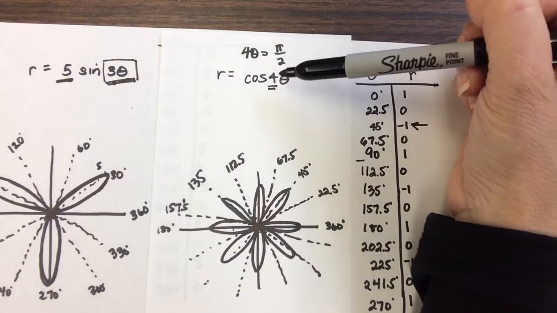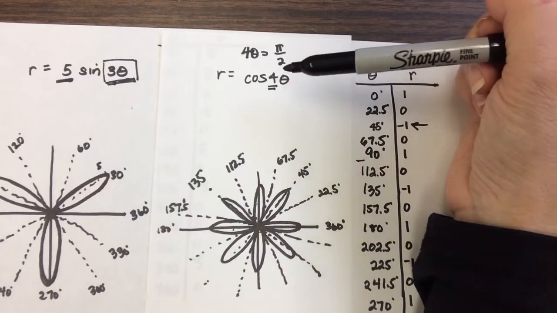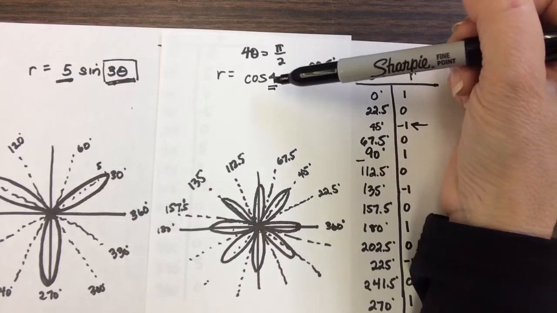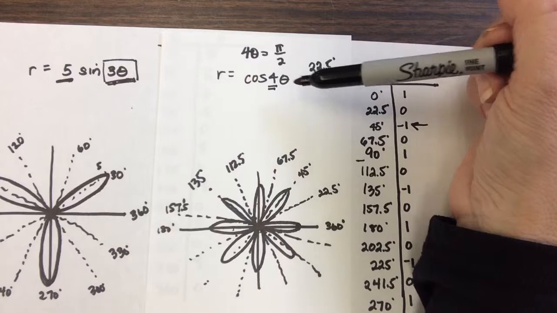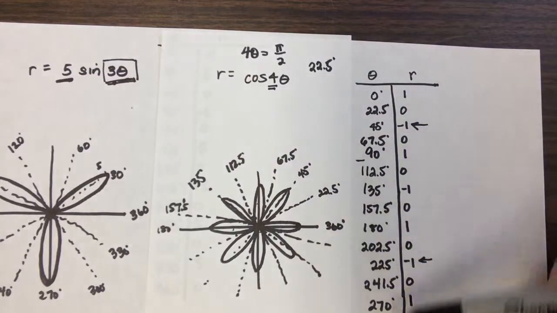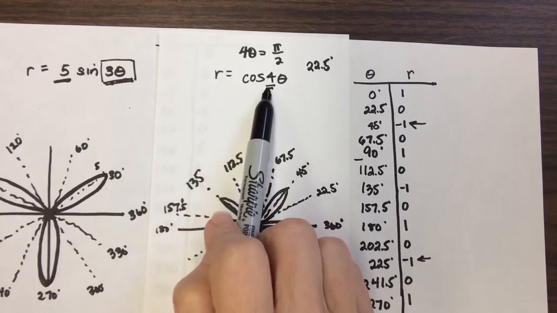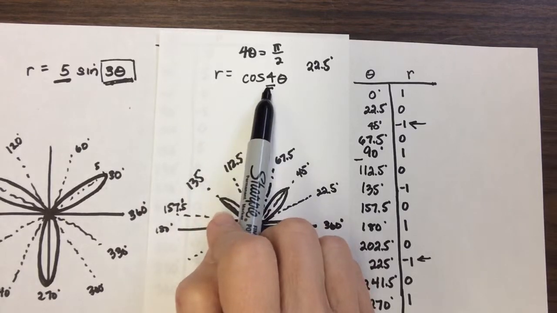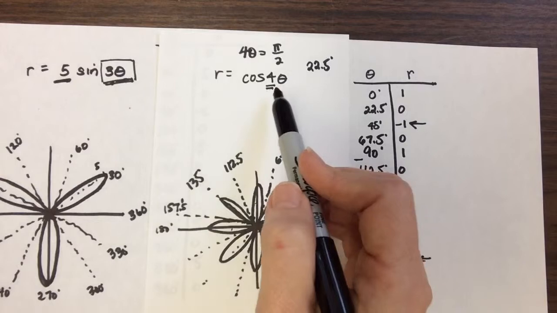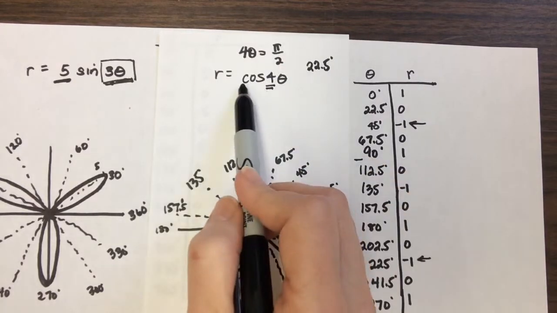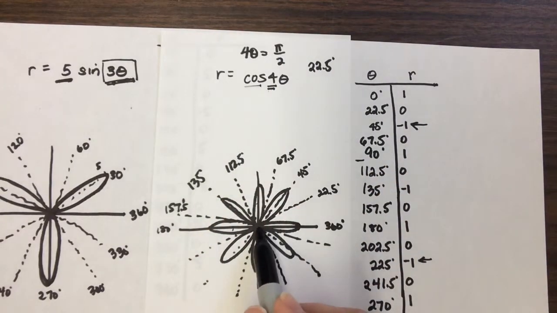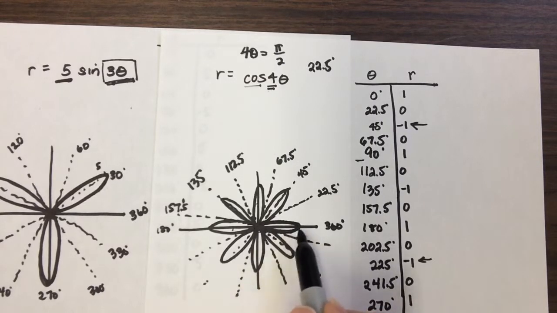Alright, so this is the kind of thing that you're just going to have to, if you choose to, start making a pattern so you don't have to take all the steps and write all that out. You can just look at this and say, alright, I know this has got an even number in front of that theta, so I'm going to have twice as many petals. If it's a sine graph, it's always going to start, your first petal is going to be on that x-axis.